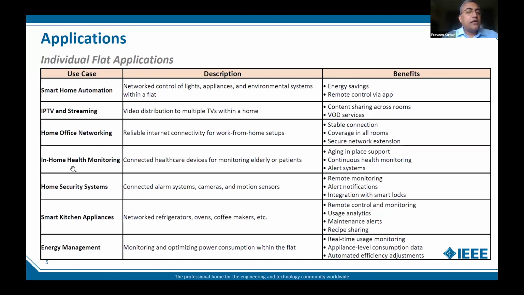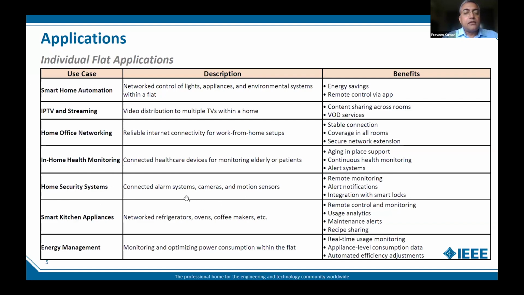Then in-home health monitoring: any device connected to electrical wire, PLC could be a very good option for that. Home security cameras and motion sensors could all be connected using PLC.